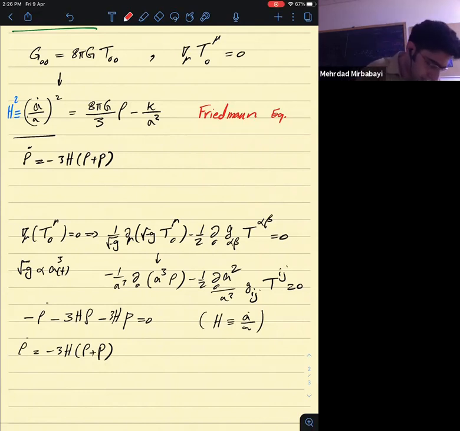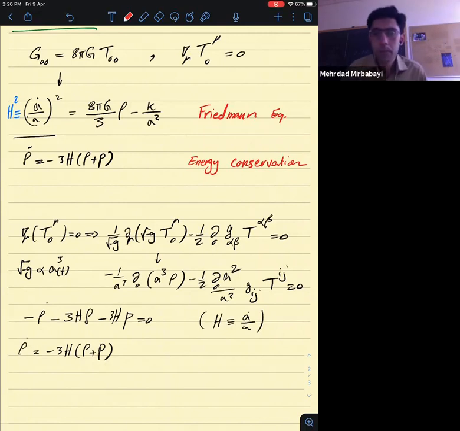Maybe sometimes it's called the continuity equation. This is just energy conservation, essentially. Any questions so far?